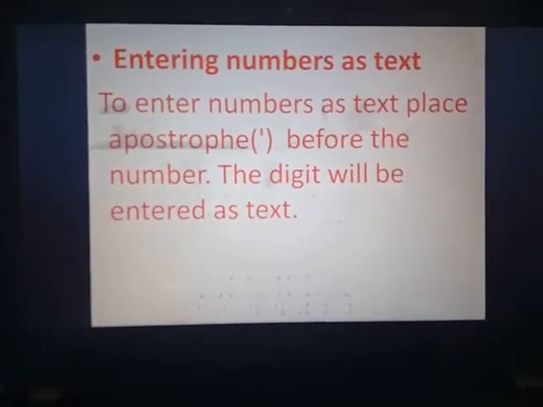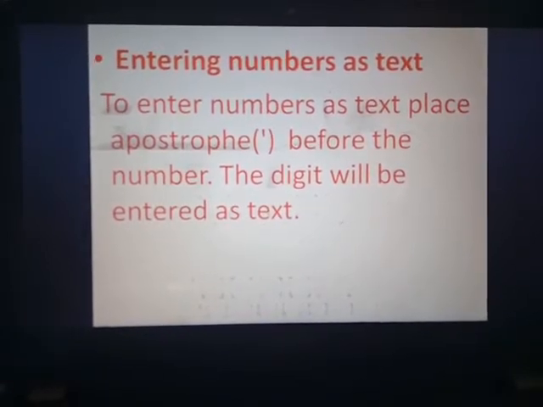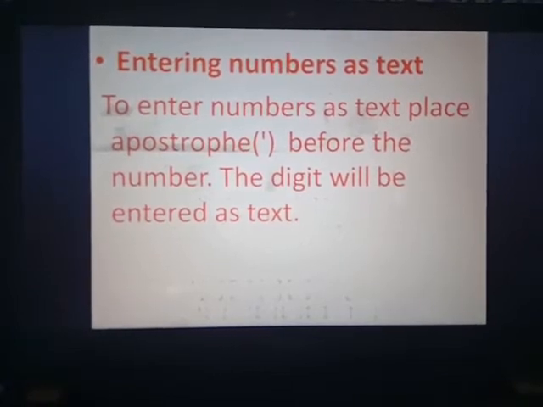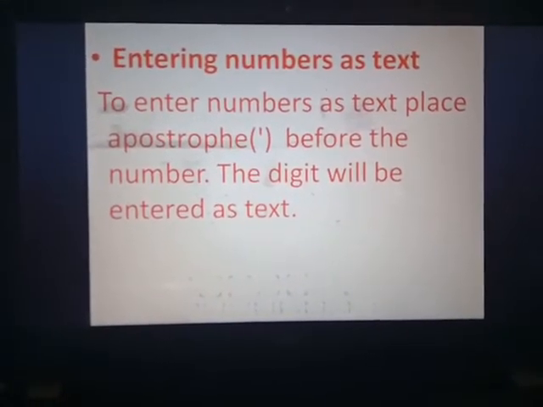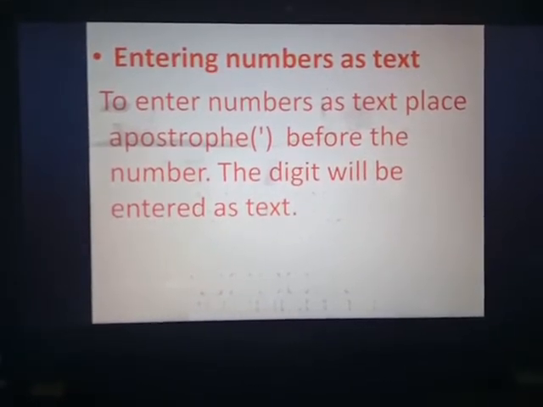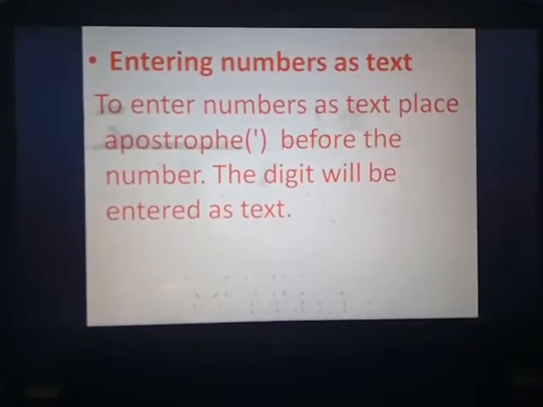To enter a number as text, place an apostrophe before the number. So before the number we have to write the apostrophe. The digit will be entered as text. That particular digit will be read as text, and will be considered as text. It will not be considered a numeric number. I will show you this in practical. Wait for it.